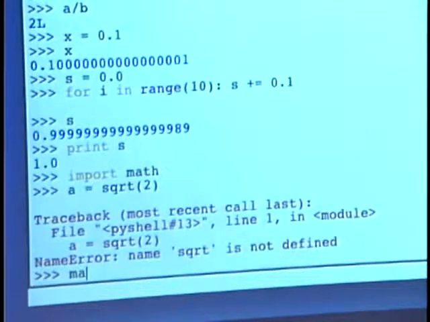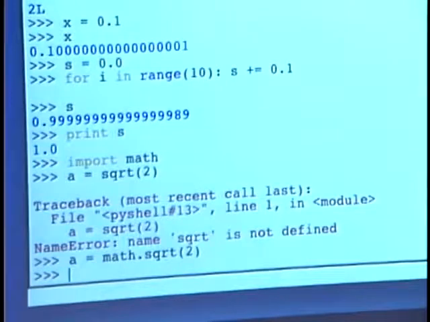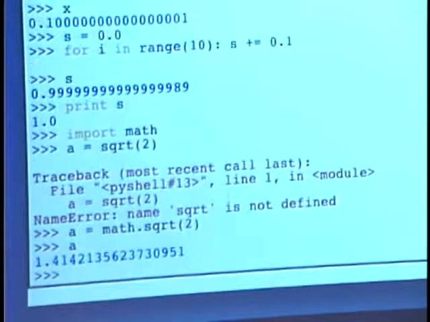Because what I should have said is math dot sqrt of 2. Explaining to the interpreter that I want to get the function sqrt from the module math. So now I've got a here, and I can look at what a is. It's some approximation to the square root of 2.